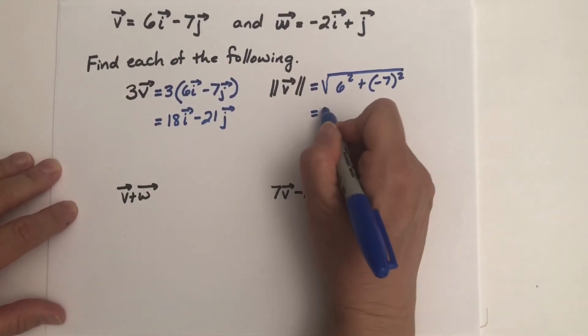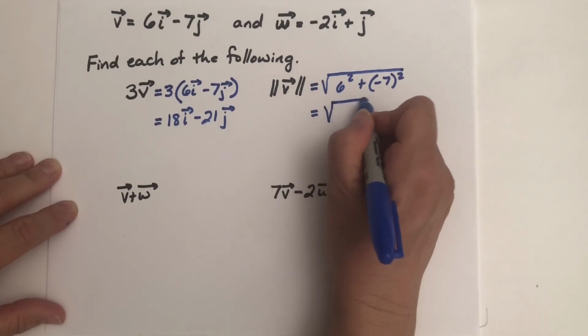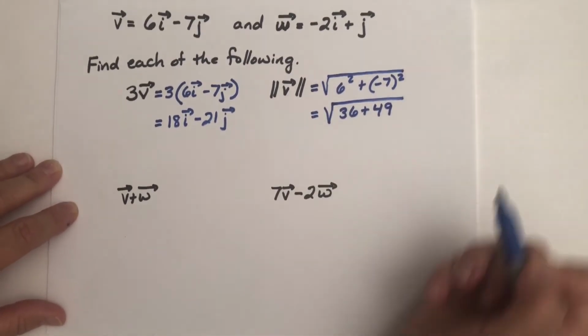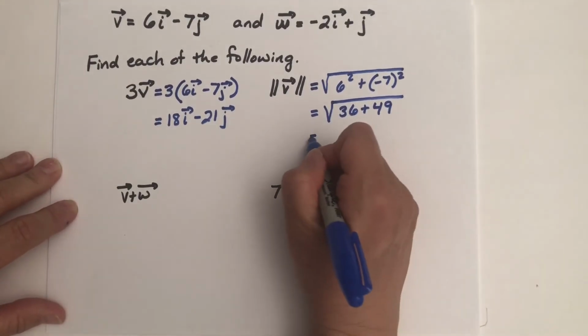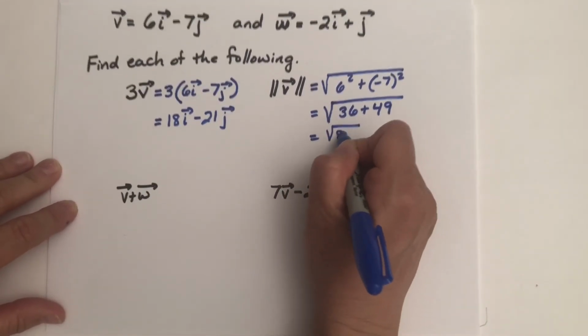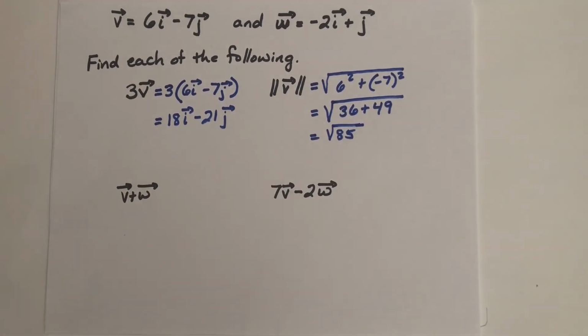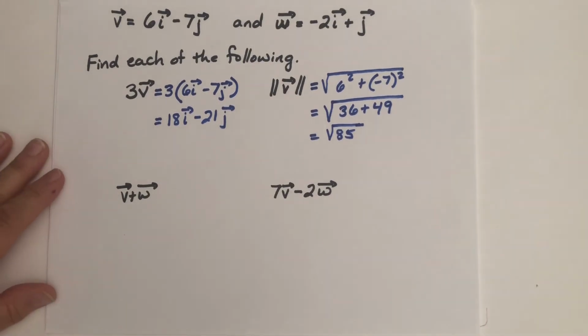So we have the square root of 36 plus 49. And that's equal to the square root of 85. Now the square root of 85, we can't simplify, so that's done as well.